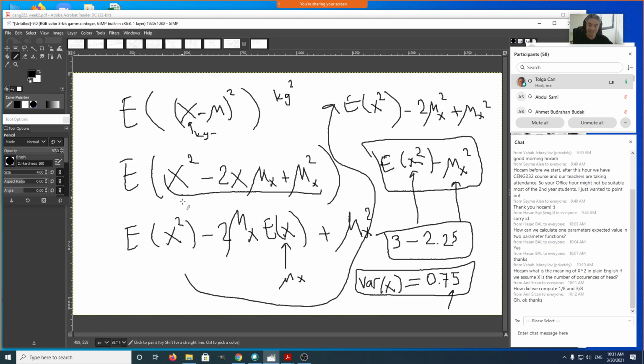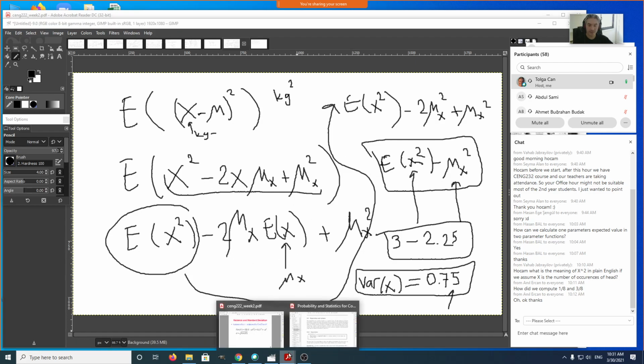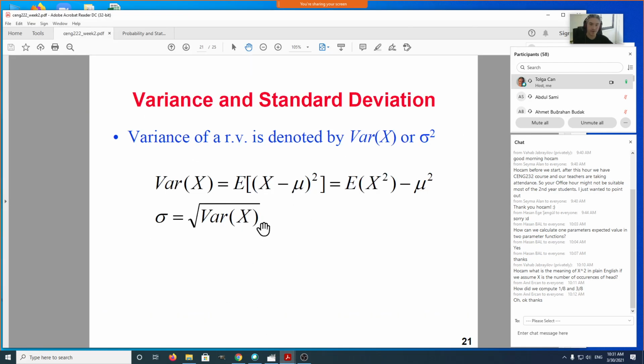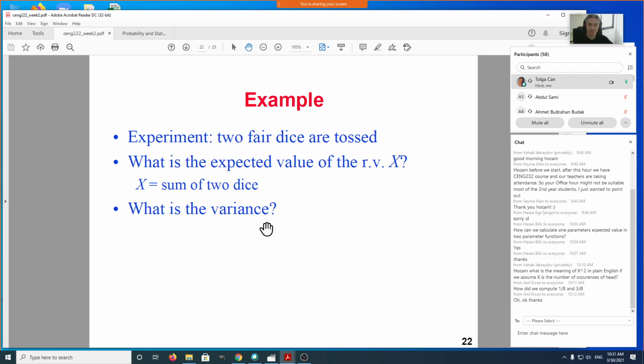X squared is not a linear function, so I have to compute this one. But the remaining part is all a linear combination of my random variable X or some constant. This is how we get to the formula on the slide to compute the variance and standard deviation. You can try this example though.